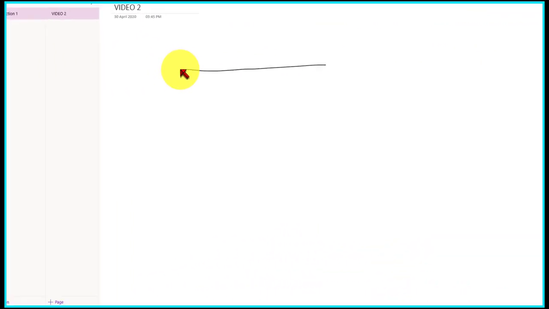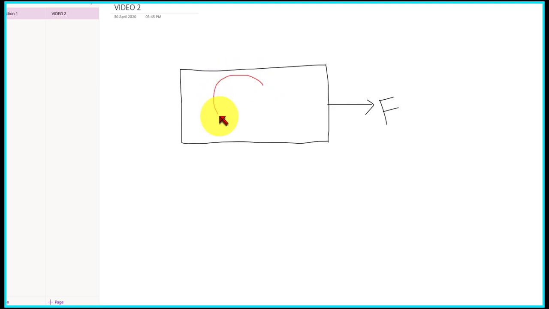Consider a field of scalars, denoted by capital F. A vector space capital V is defined on this field capital F. Now what is a vector space?